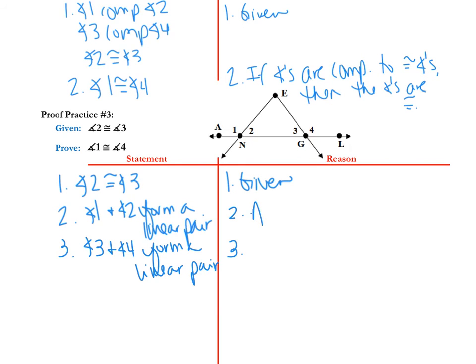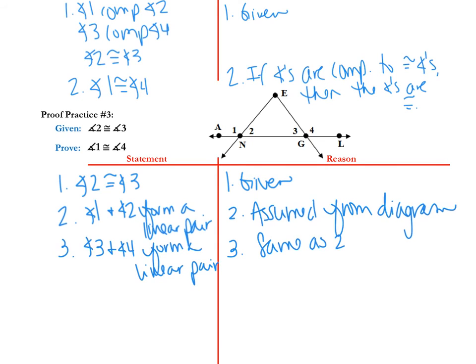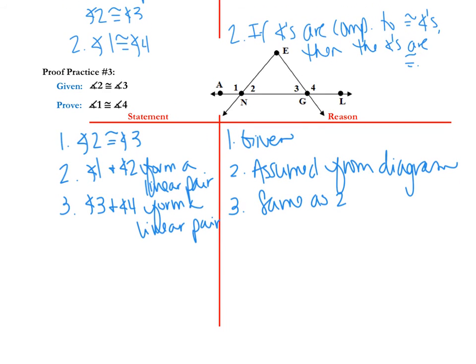And that is assumed from the diagram. Remember that you can assume straight lines, so assumed from diagram. And then same as 2. All right, so all we know so far is that angles 1 and 2 and 3 and 4 are a linear pair. We have not shown that they are supplementary, so that needs to be our next step. So angle 1 and angle 2 are supplementary.